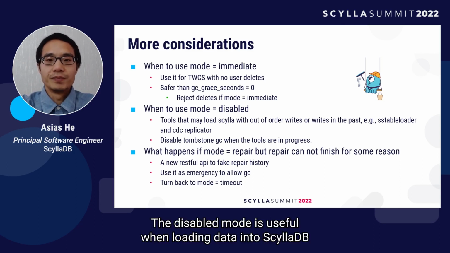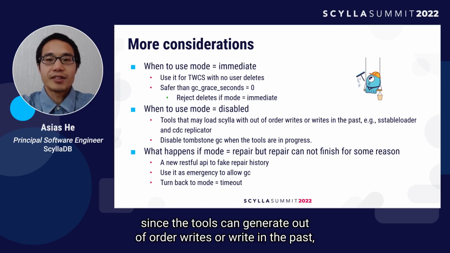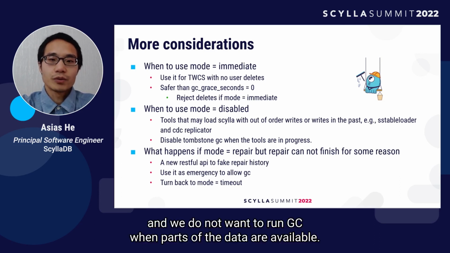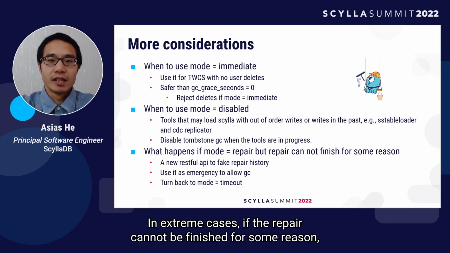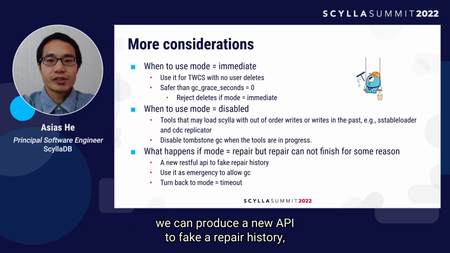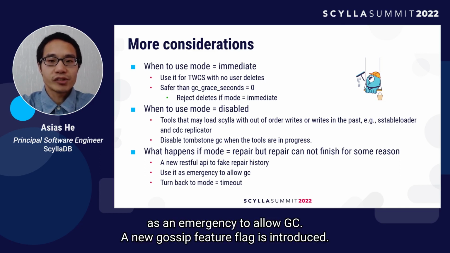The disabled mode is useful when loading data into Scylla, since the tools can generate out-of-order writes and writes in the past, and we do not want to run GC when only parts of the data are available. In such cases, we can set the mode to disabled while the tools are still loading data. In extreme cases, if a repair cannot be finished for some reason, we can introduce a new API to fake repair history as an emergency to allow GC.